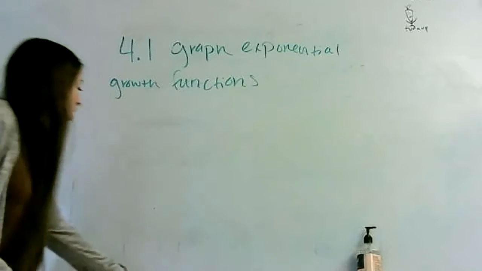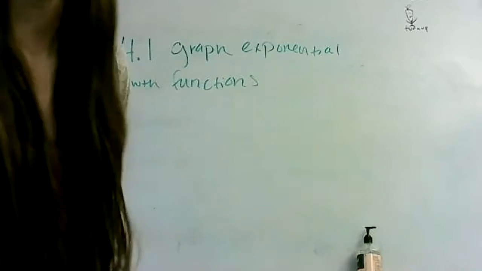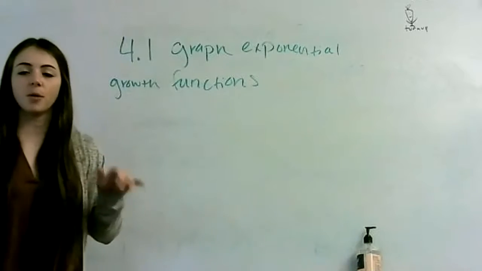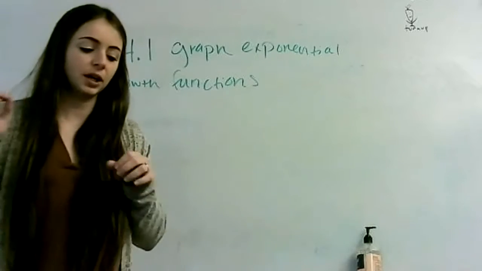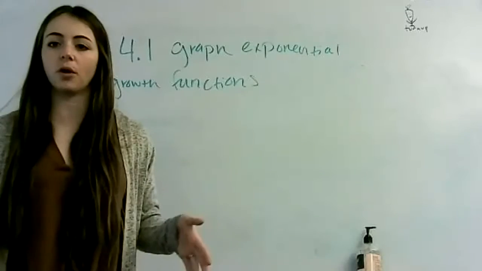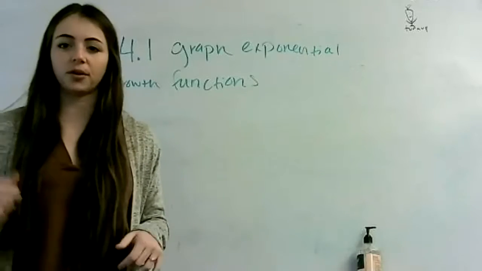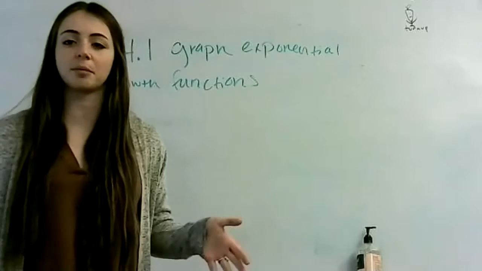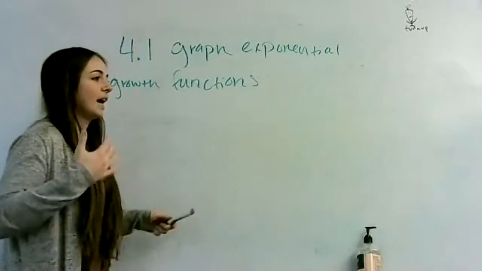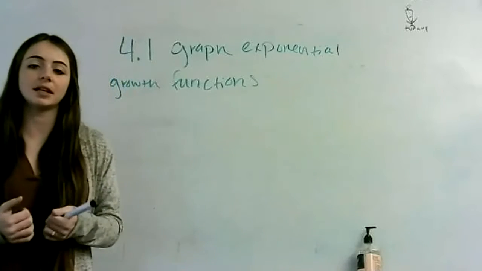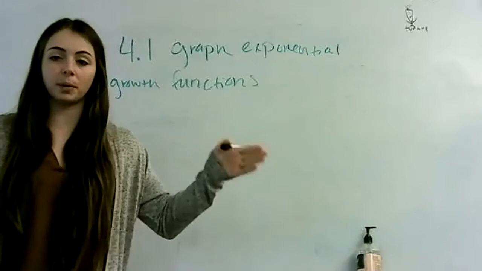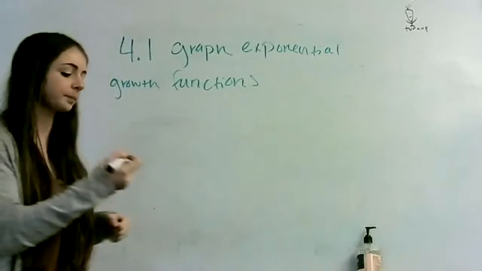So when you're talking about a growth function, a function that's growing exponentially, the one thing that I really like to bring into this, and I know the whole year has been talking about COVID, but COVID in general is a perfect example of exponential growth. When something is growing exponentially, it basically means that you start with something small and you get to something super big in a short amount of time.